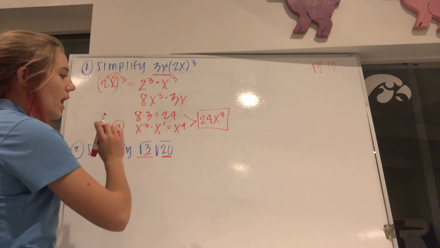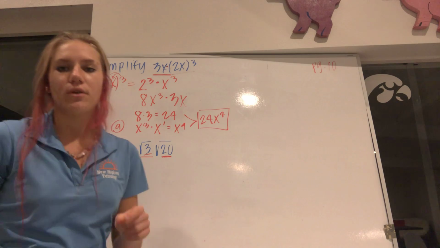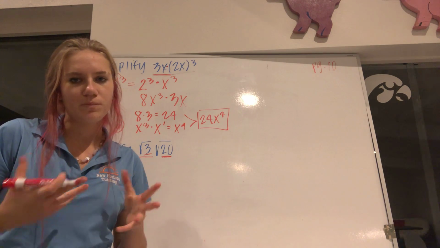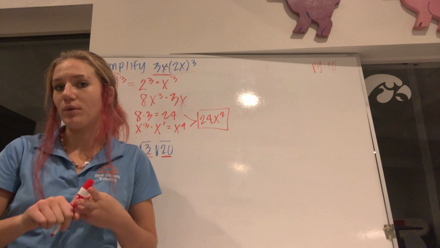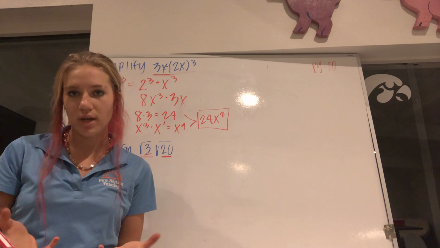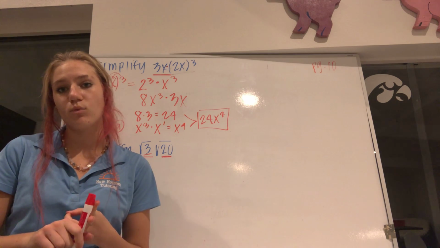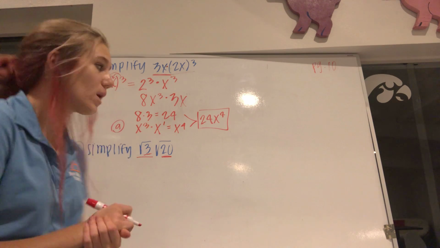But I know that 20 can be factored out into a couple different things, right? We could either factor it as 1 times 20, which isn't helpful, 2 times 10, neither 2 nor 10 are perfect squares, so that's not really helpful either, or 4 times 5, which I know that 4 is a perfect square, so that is very helpful. That's really what we have to do.